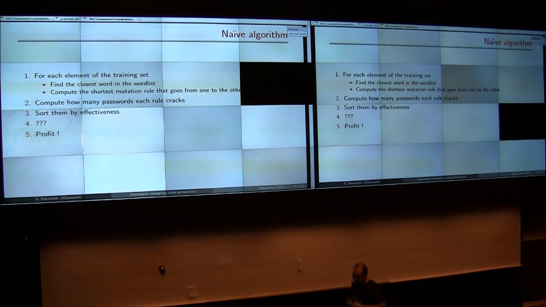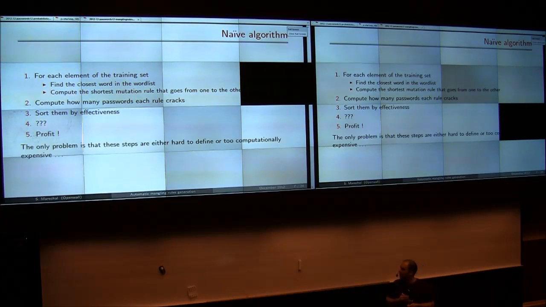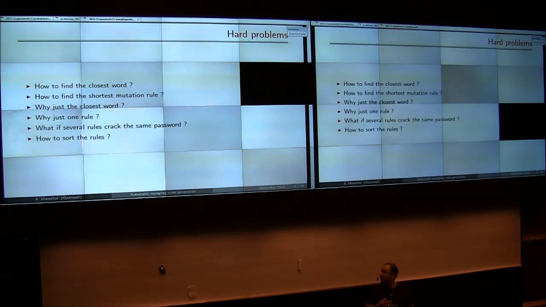Then compute how many passwords each rule cracks, sort the rules, and good for you. Except the only problem is that at each of these steps, it is either a very incomplete definition of what you have to do, or it might be too hard in a computational sense, or there might just be no correct way to do it.